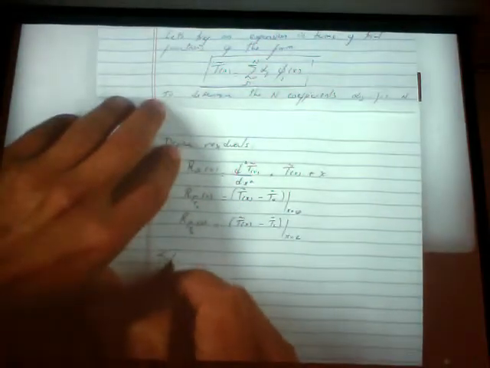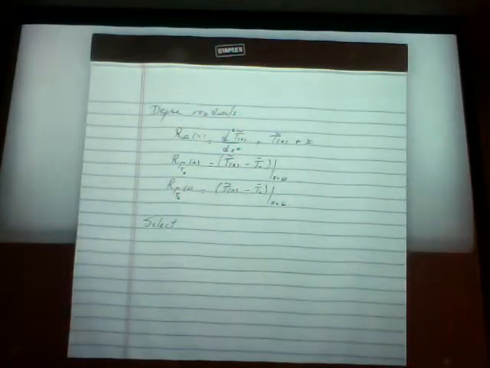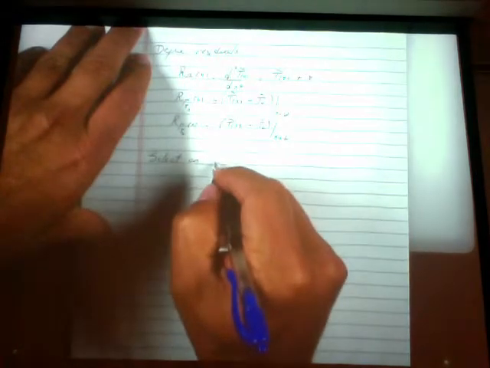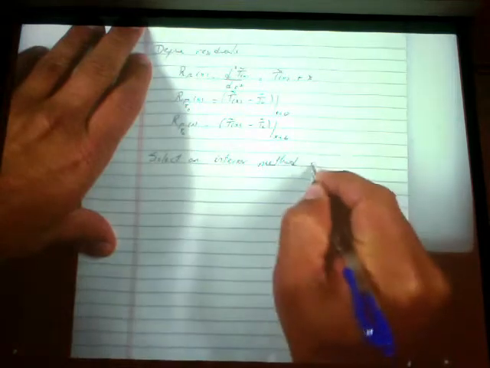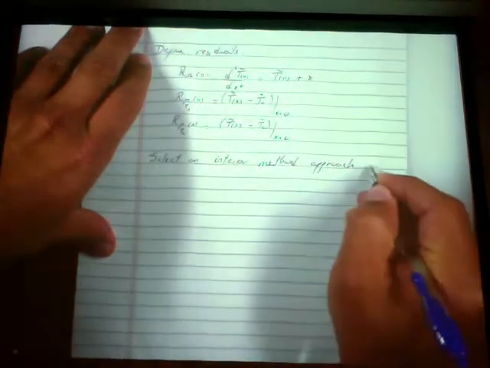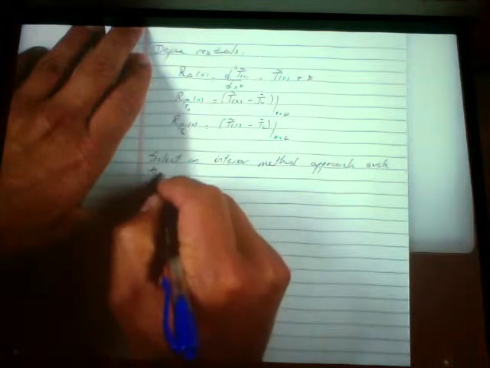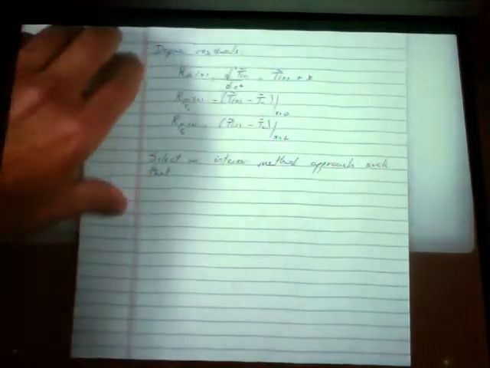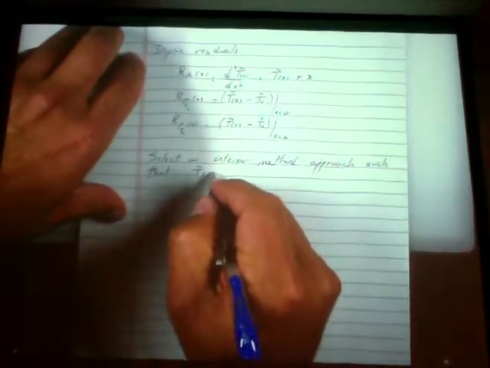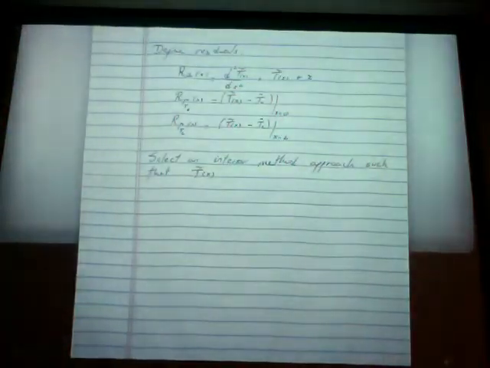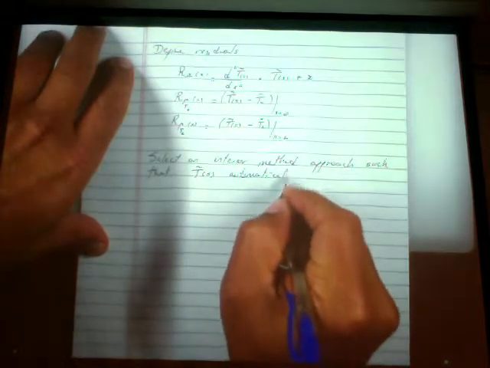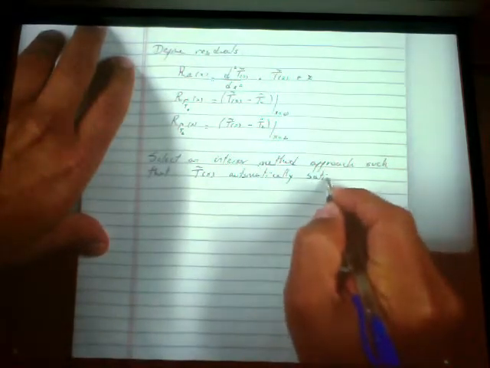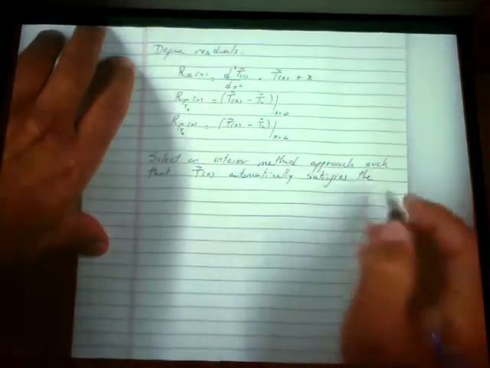Okay. Select or choose to use an interior method approach such that the approximate solution, T wiggle or squiggle, automatically satisfies the boundary conditions.